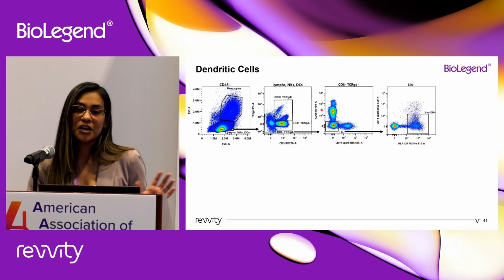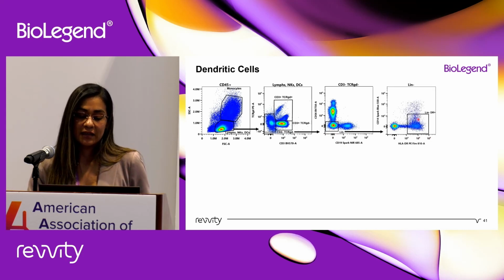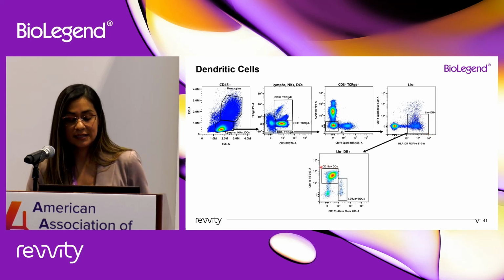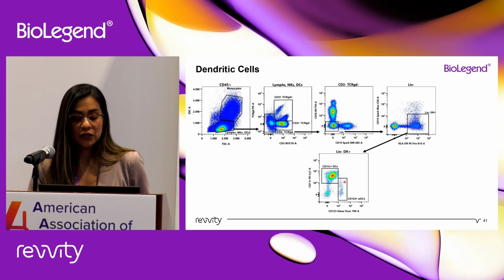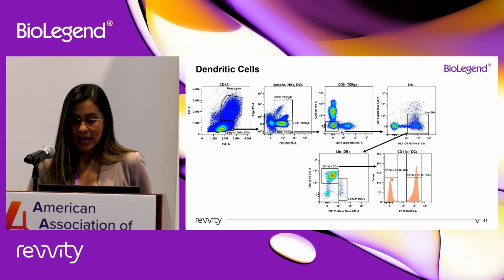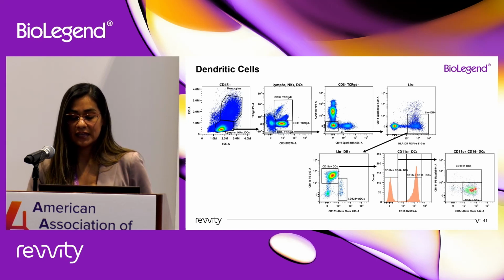From that lineage negative, if we gate on the CD14 negative and HLA-DR positive, we are going to identify the CD11C dendritic cells and the CD123 plasmacytoid dendritic cells. We can do a deeper analysis getting into the CD16 negative dendritic cells and further identify the CD11C positive dendritic cells and the CD141 dendritic cells.